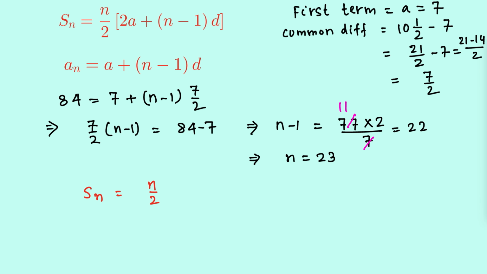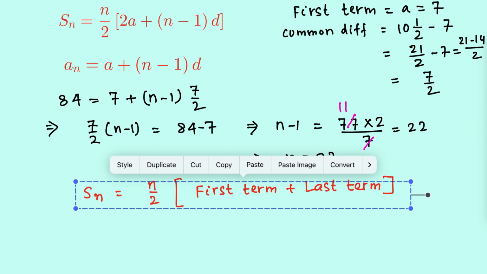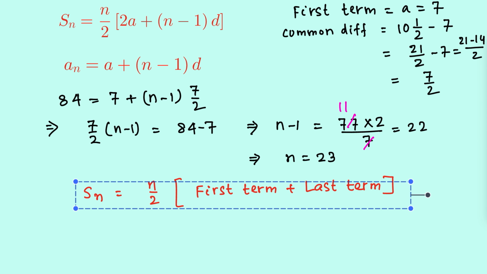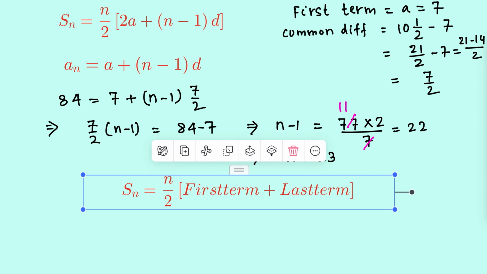Sn is equal to n by 2 into first term plus last term. This is the formula for Sn.